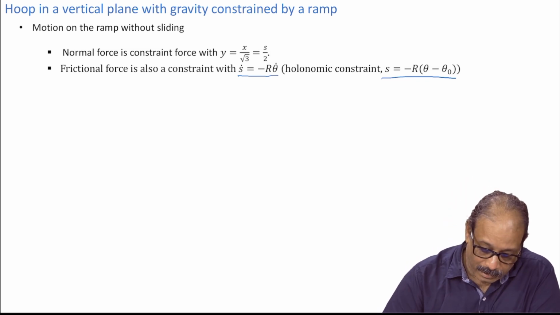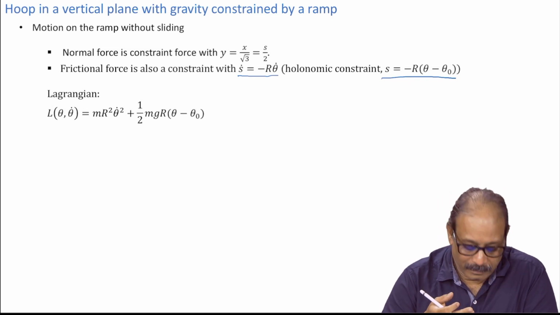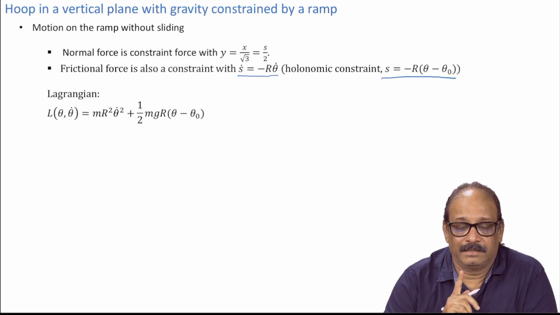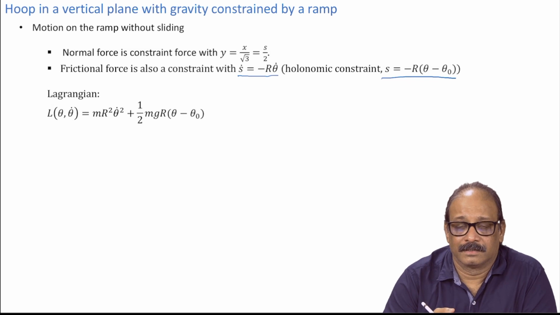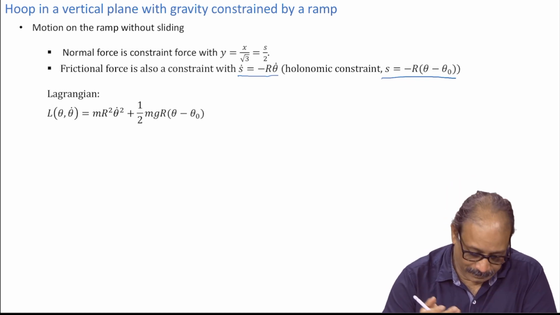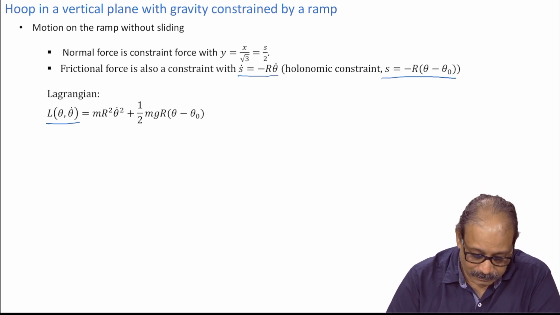Now, same thing, calculate the Lagrangian again, but now the Lagrangian is a function of only one generalized coordinate. You can choose that either to be s or you can choose that to be theta. So, the Lagrangian is a function of theta and theta dot.